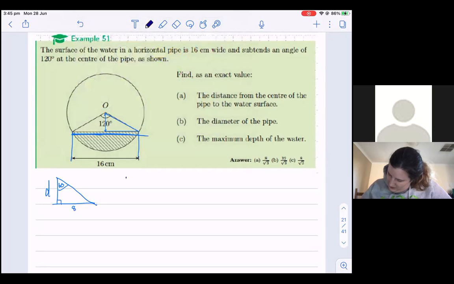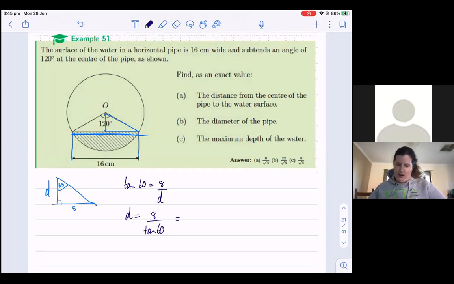So we know tan 60 is opposite over adjacent. So D is 8 on tan 60. Tan 60, can't bother remembering it. 8 on tan 60. Root 8 on root 3, which is 8 root 3 on 3.